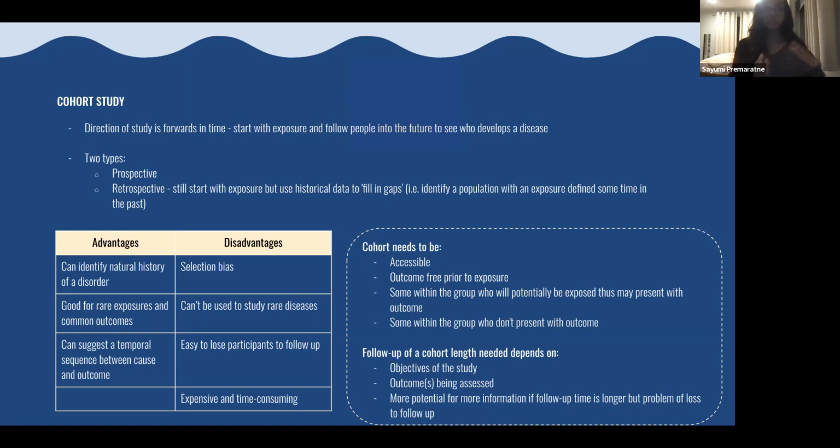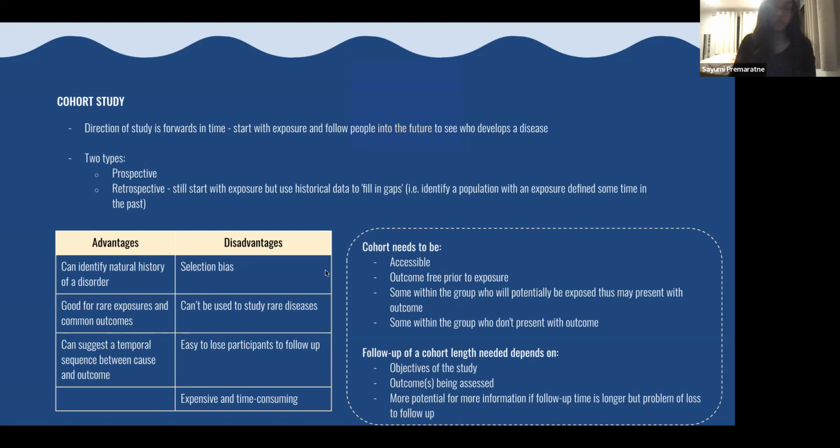We are then going to use maybe past medical records or information data that was collected in the past to see have they smoked. But then from this point in time, we're still going to follow them into the future and see are they going to develop the disease or not. So at the moment when you start the study, it's not like they have the outcome yet or they don't.